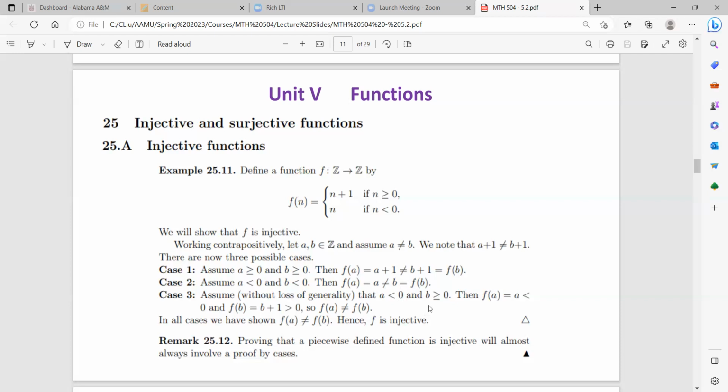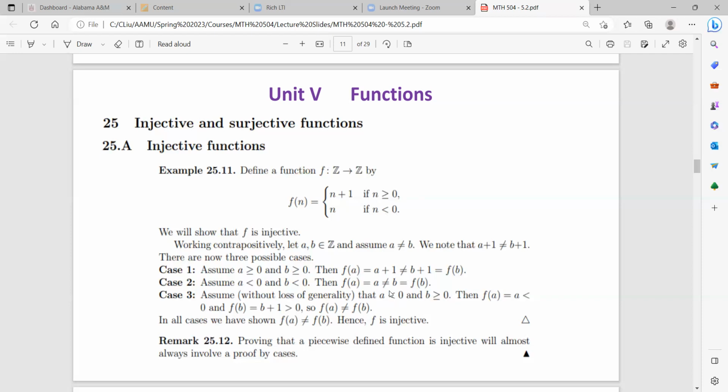A less than 0 and B greater than or equal to 0. So without loss of generality, we usually use this argument quite a lot. Then we have to be careful about the function values of f of A and f of B, because they are defined differently in function f when they're negative or not.